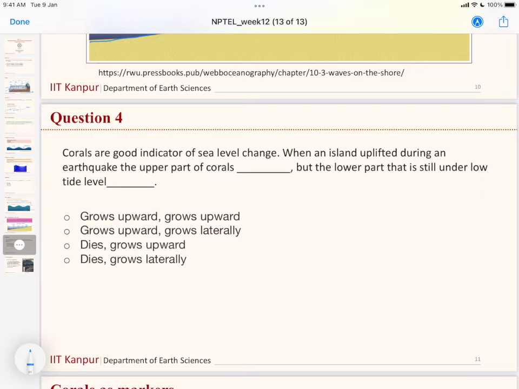The answer would be that the part that comes to the surface due to the upliftment will definitely die, because it will not find its habitual condition to grow, but the part of the coral that is still in the water at suitable conditions will continue to grow laterally, because we know that coral grows laterally in the sea or ocean. So D would be the correct option for this question.